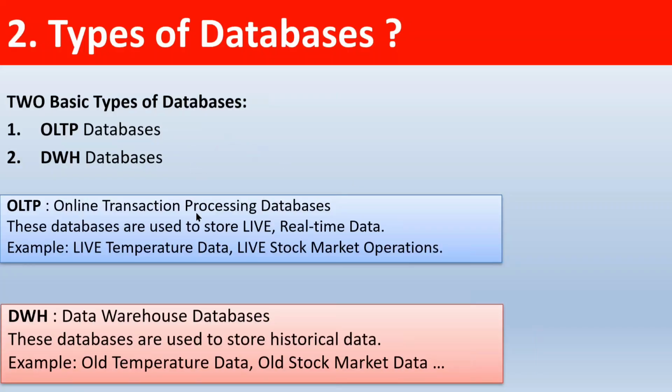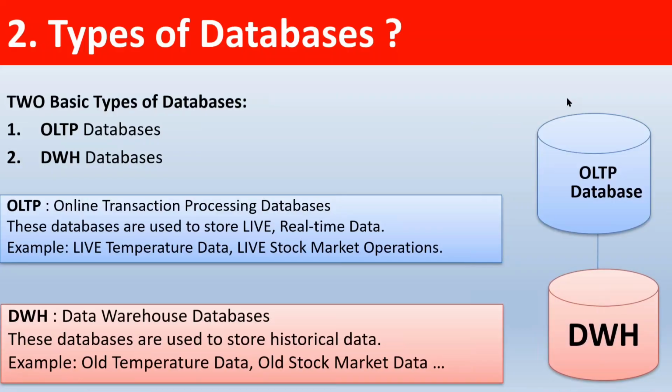OLTP, live data. Data warehouse, old historical data. Remember, just like our house has a storeroom, a warehouse, and a living room, OLTP database. Same way, we have a database server that contains both OLTP and data warehouse databases.